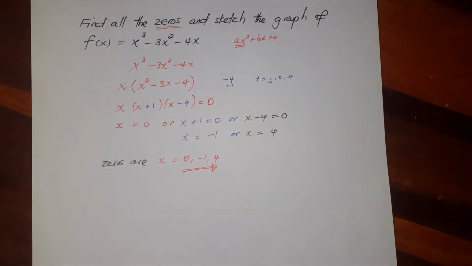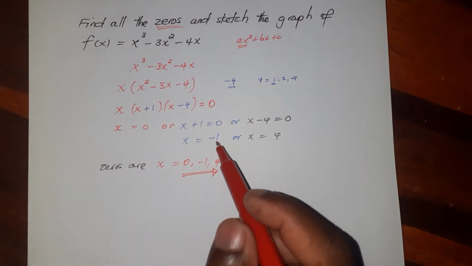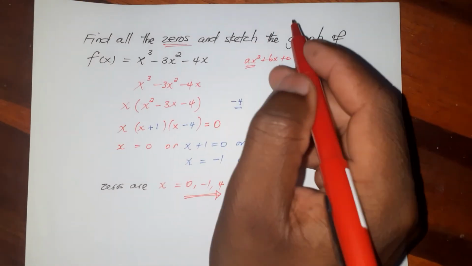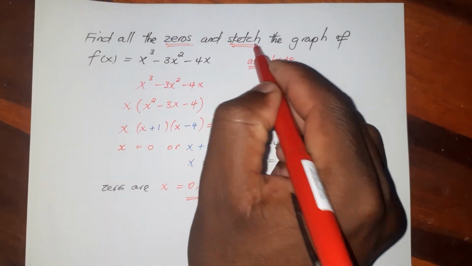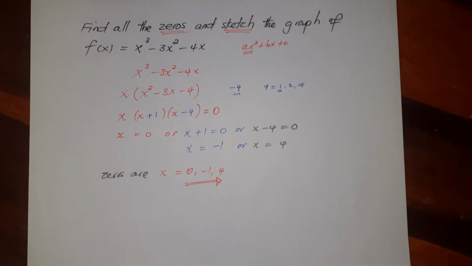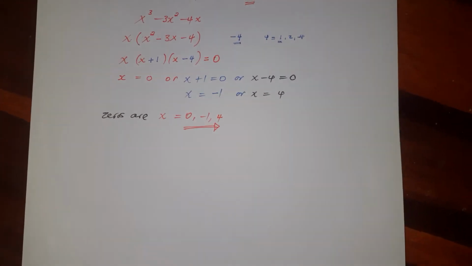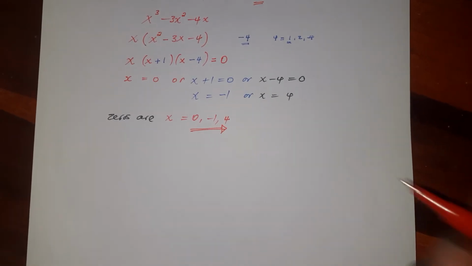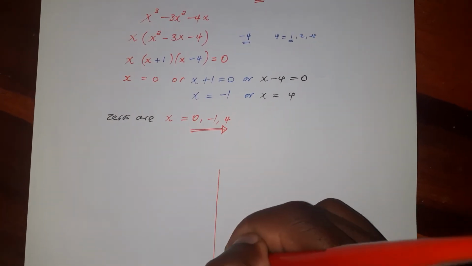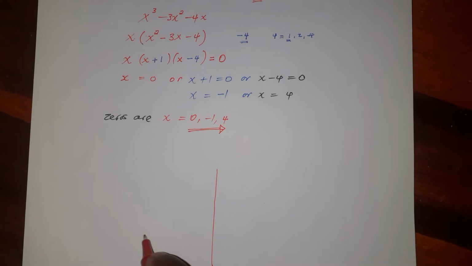Now, since we have our zeros, we can now go ahead and sketch the graph. To sketch, it means we have to draw our Cartesian plane like that.